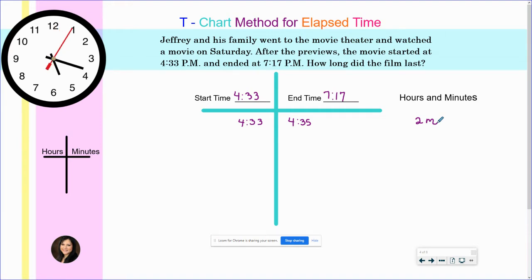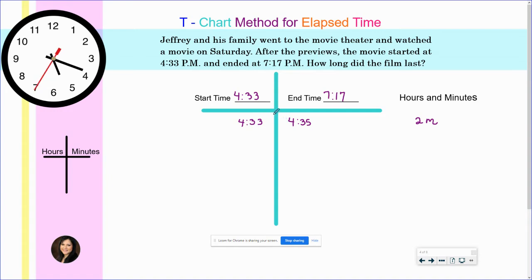We're going to continue until we get all the way down to 7:17. You can choose how you want to elapse your time. But a good tip to keep in mind is you want to use a consistent strategy, like always getting up to a 0 or 5 minute time first, or always moving by the hours first. This can help you get started.